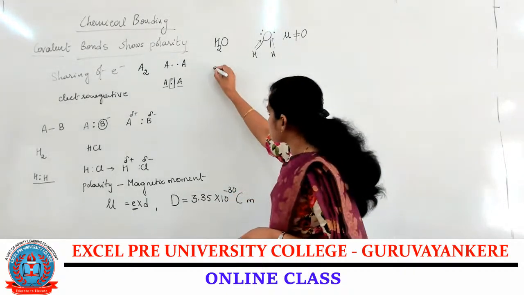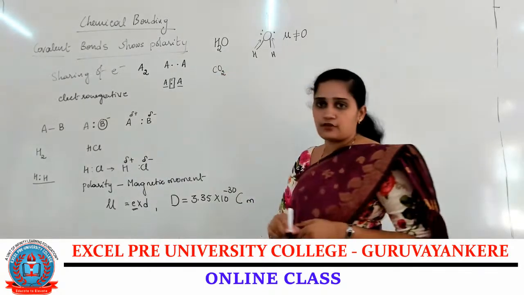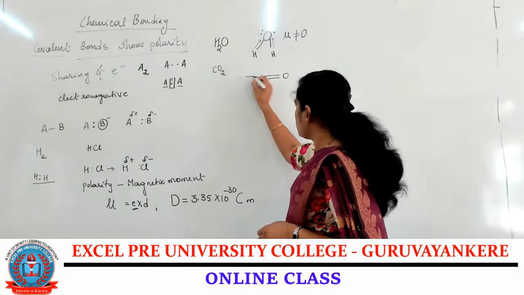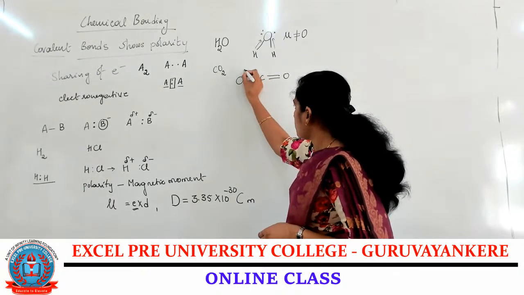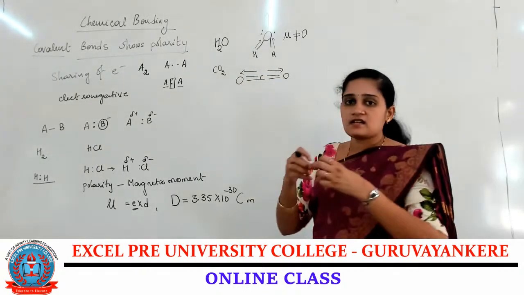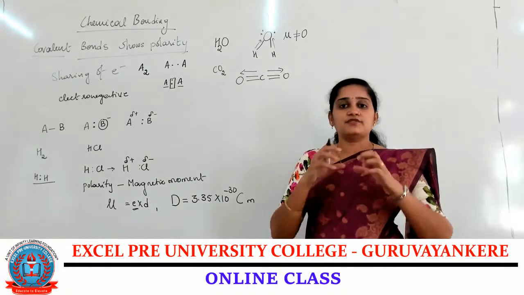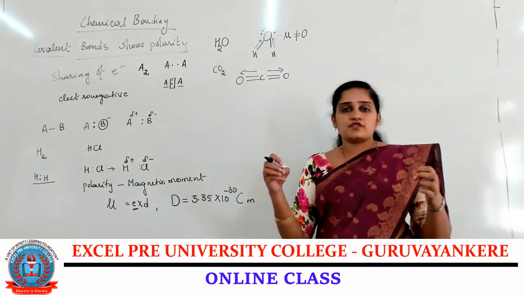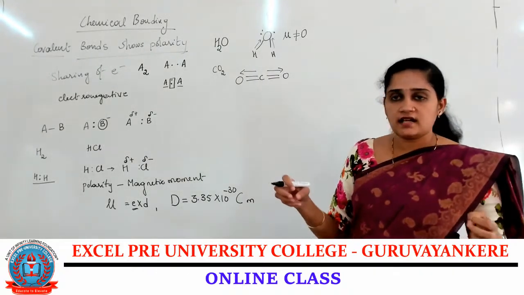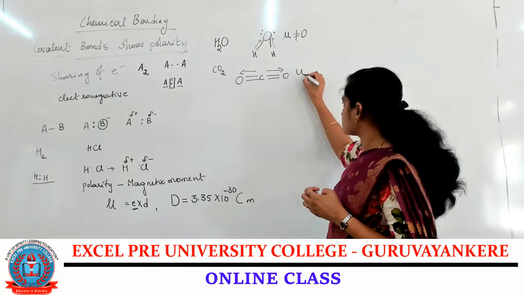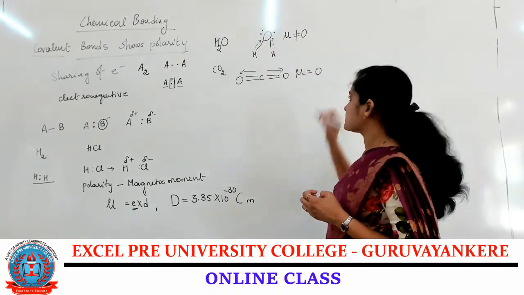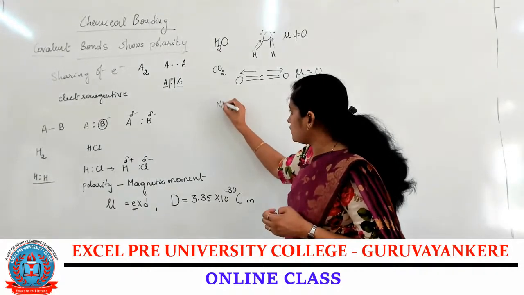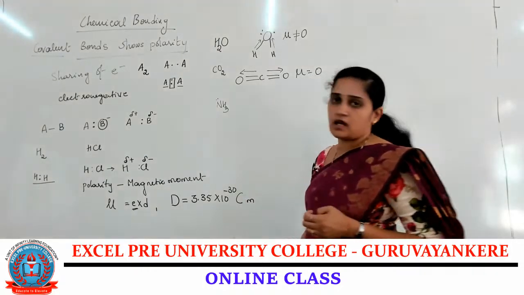Let me take another example, carbon dioxide. Carbon is present at the center, with double bonds to O. Both oxygen atoms pull the electrons towards themselves with equal force, so the net dipole moment for carbon dioxide, mu, is equal to 0. Now one more molecule, NH3, ammonia.